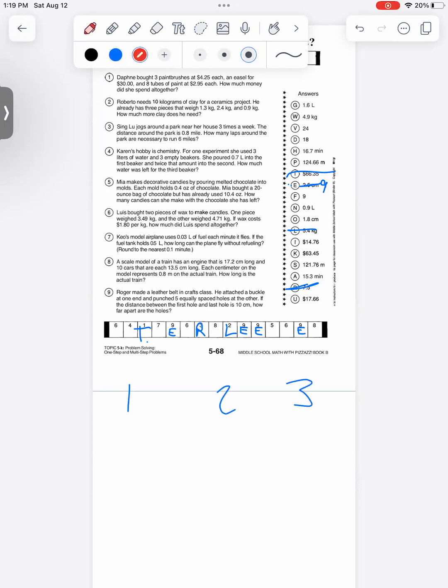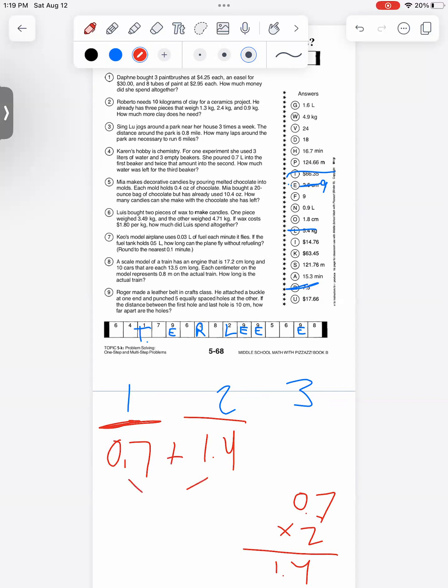So in the first beaker, she has 0.7 liters. Twice that much in the second one. So 0.7 times 2 is going to give us 1 decimal place in the problem, so 1 in the answer, 1.4 liters. So together, she's already used 2.1 liters.